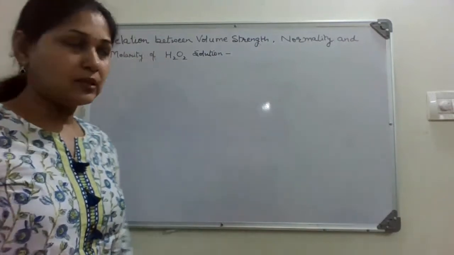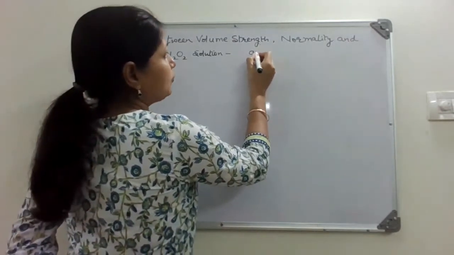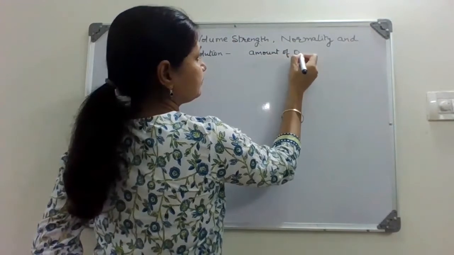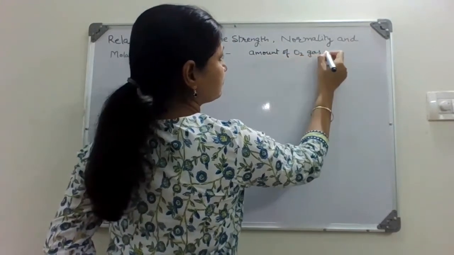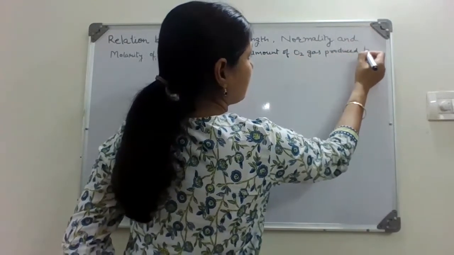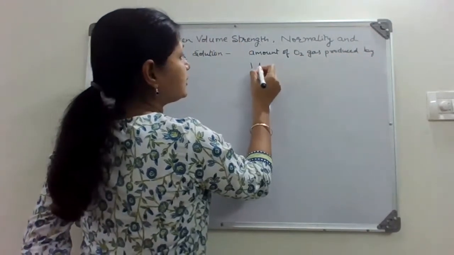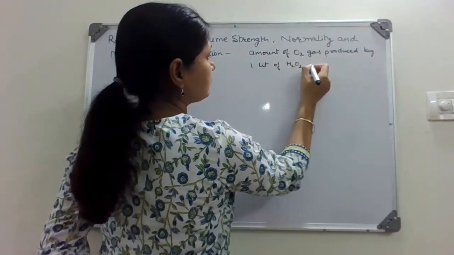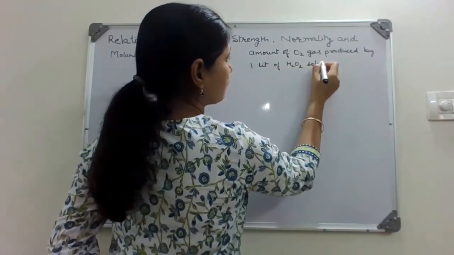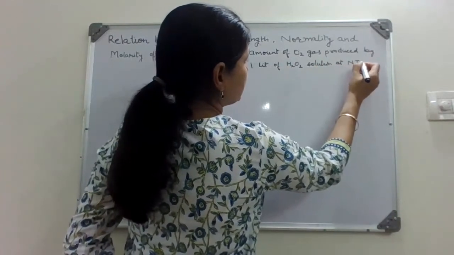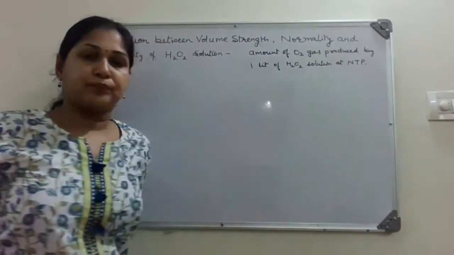So volume strength is equal to the amount of oxygen gas produced by 1 liter of hydrogen peroxide solution at normal temperature and pressure condition.